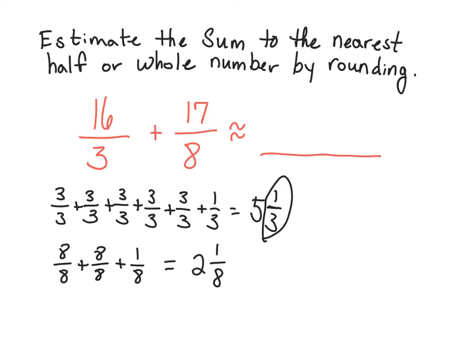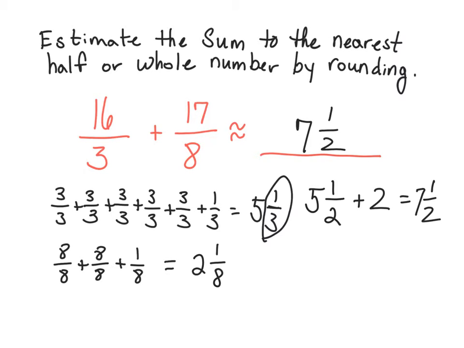So we're going to say that we can round this to 5 1/2. But over here, 2 1/8, that 1/8 is very small. So this one would be much closer to 2 than 3. So let's put down 2. So this is equal to 7 1/2. So up here, 16/3 plus 17/8 is about 7 1/2.